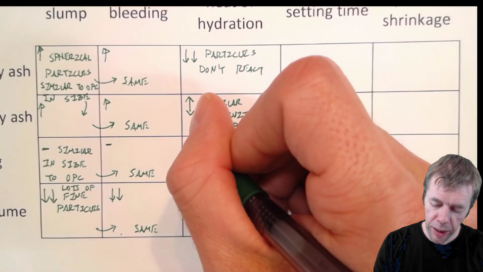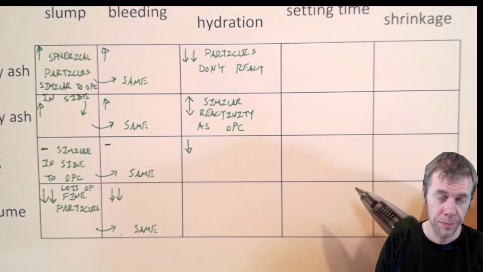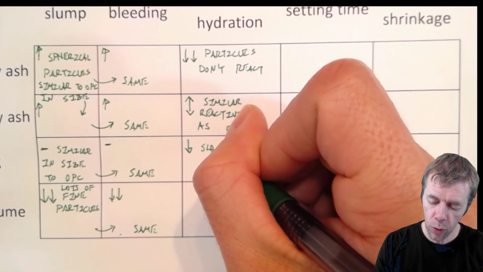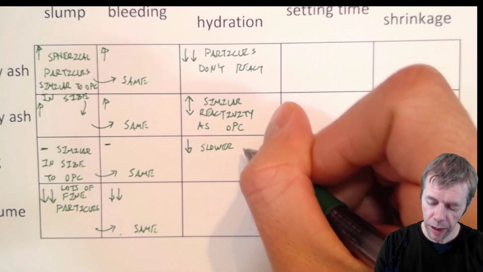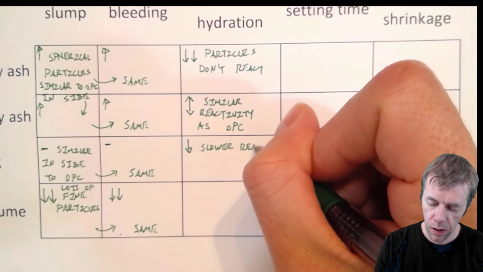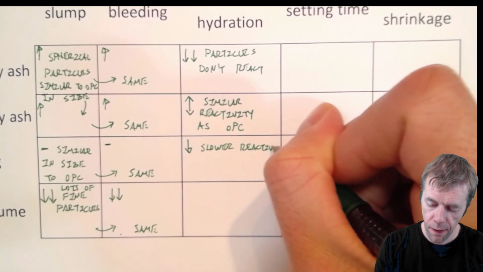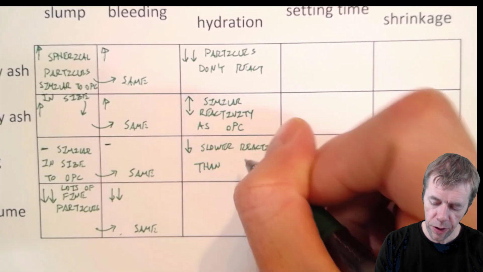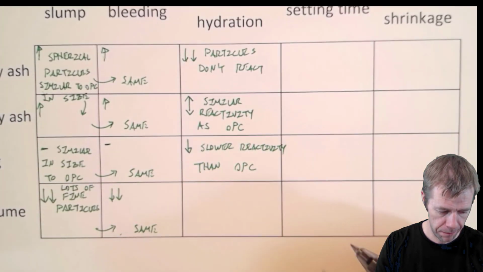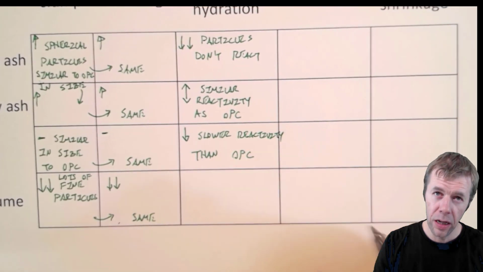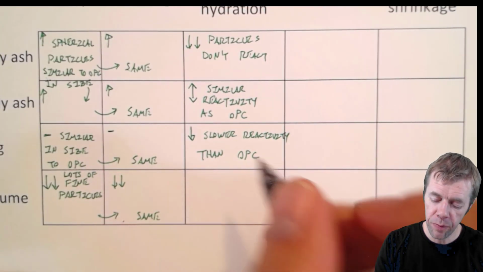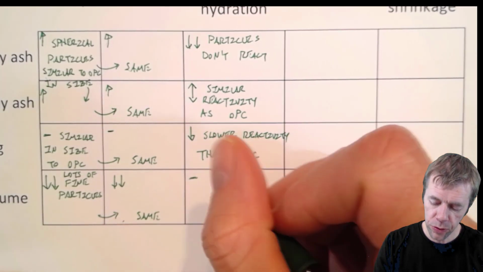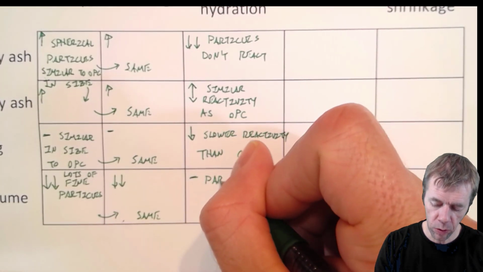Slags, your heat of hydration is going to go down. And the reason why is it's a slower reactivity than OPC. And silica fume doesn't have much impact at all because the particles don't react early on.